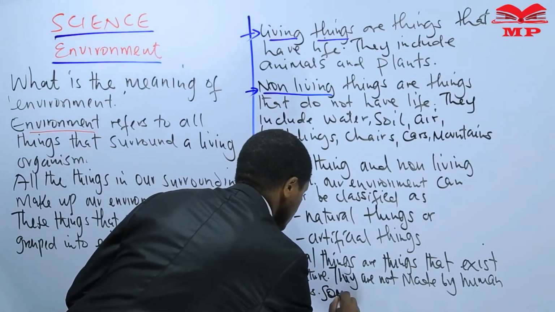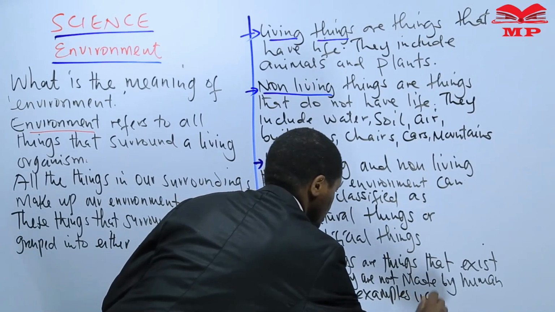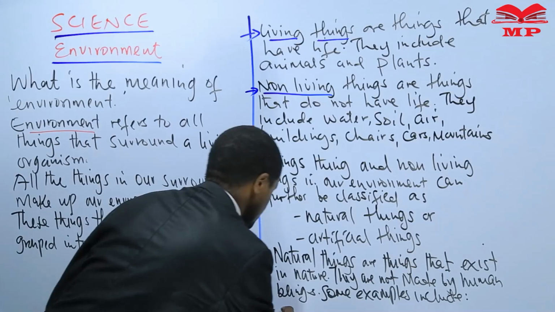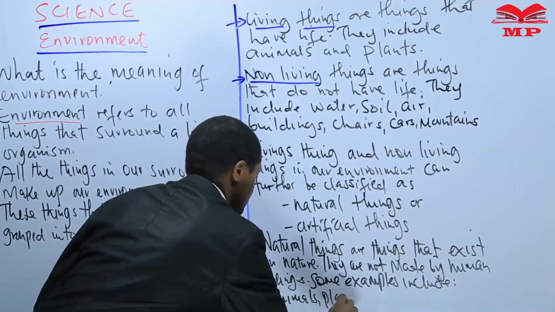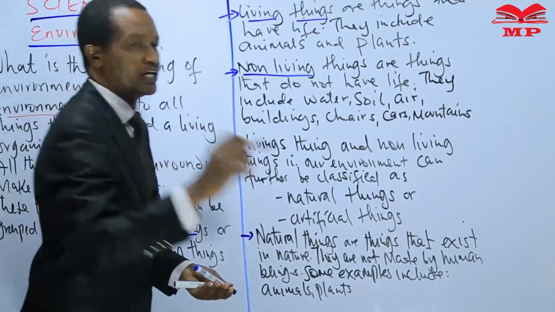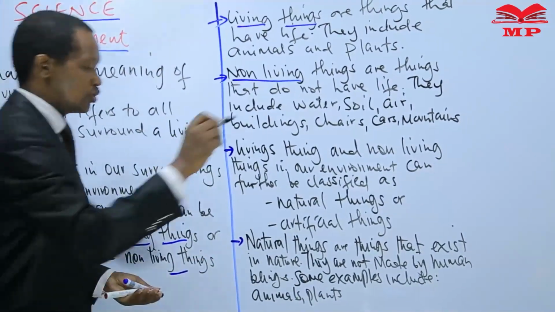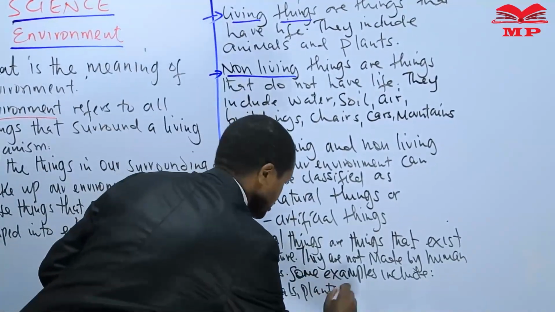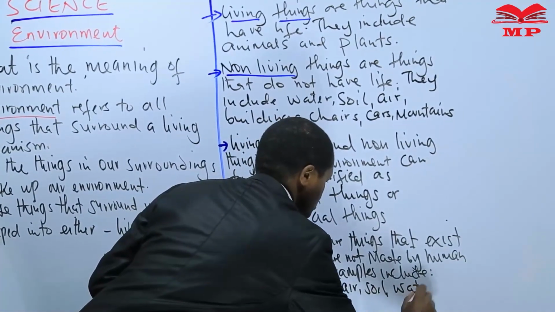Some examples include animals, plants. Things like animals, things like plants, things like water, things like the air that we breathe, the air, soil, water.